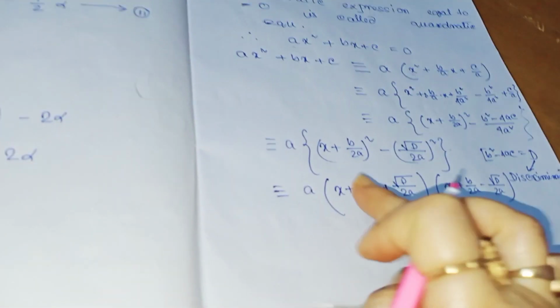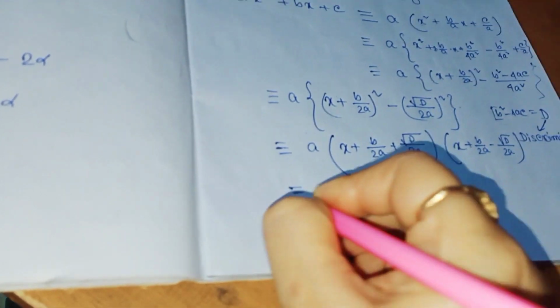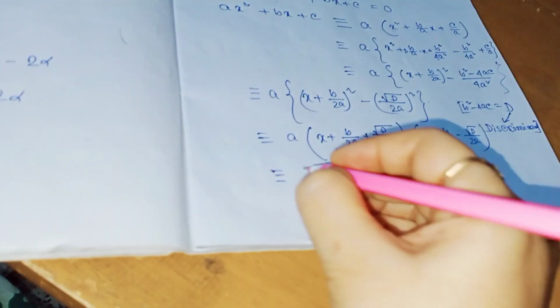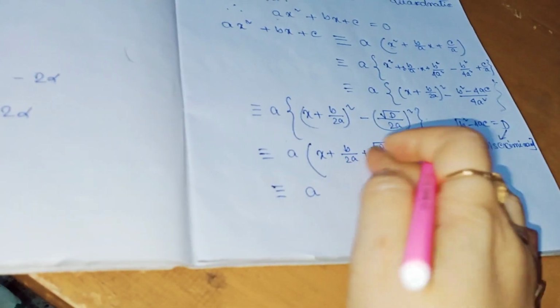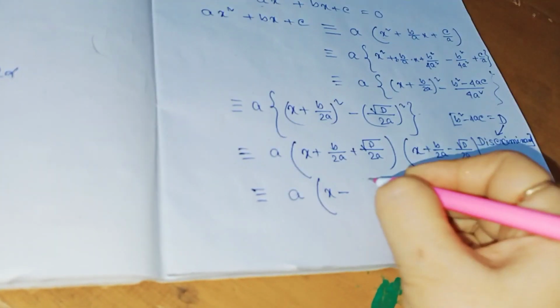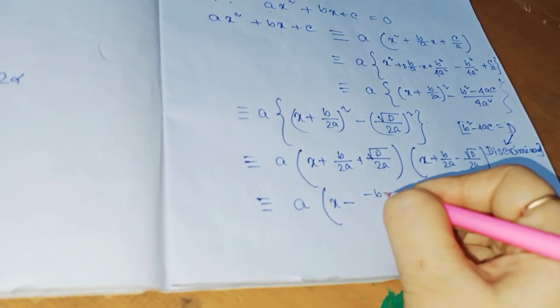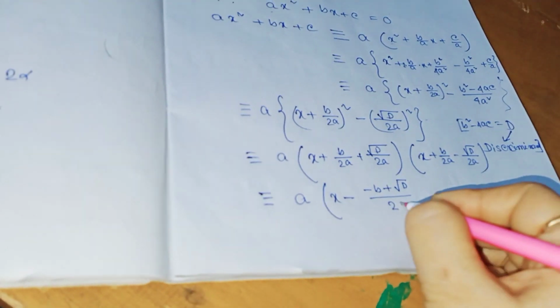Now from these two forms we arrange our solution this way, that is x minus of minus b plus root D divided by 2a.